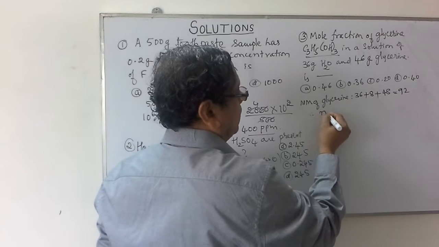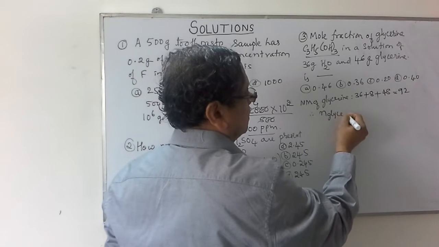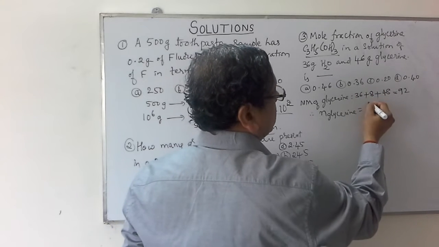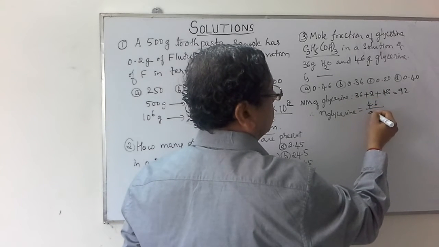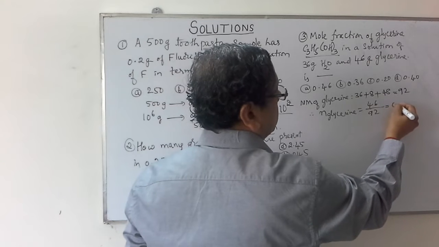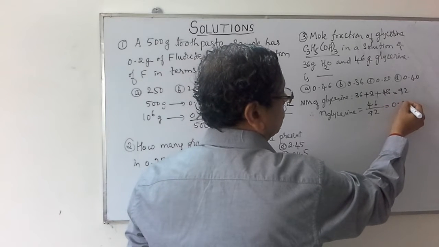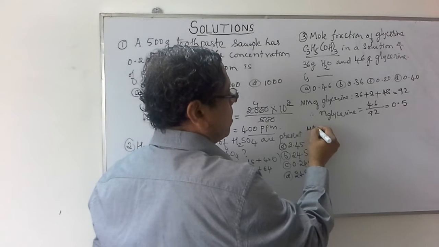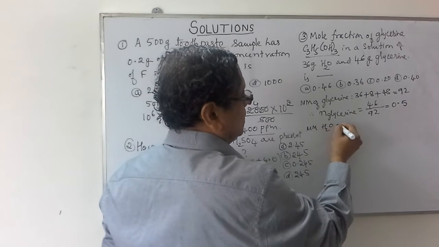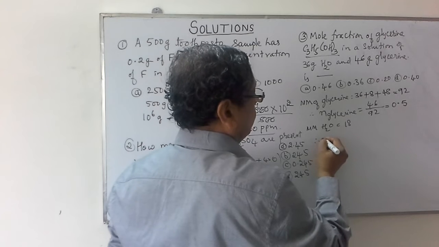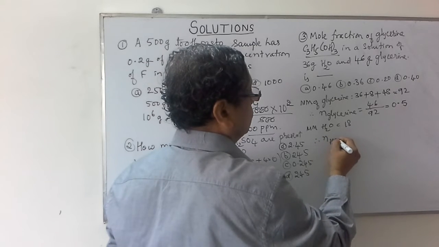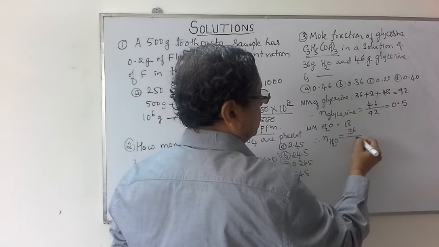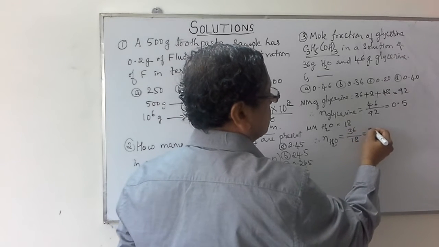Therefore the number of moles of glycerin is 46 divided by 92, which is 1 by 2, equal to 0.5. The molecular mass of water is 18, therefore the number of moles of water is 36 divided by 18, which is 2.